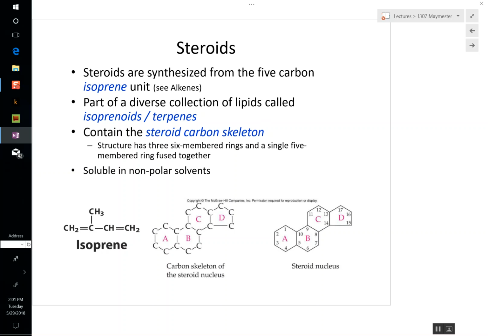That's the steroid nucleus. Isoprene is shown over here as the precursor. Isoprene is the monomer, the individual molecule that the body uses to synthesize the steroid nucleus. We don't usually say manufacture, that's usually for outside the body, but synthesize.